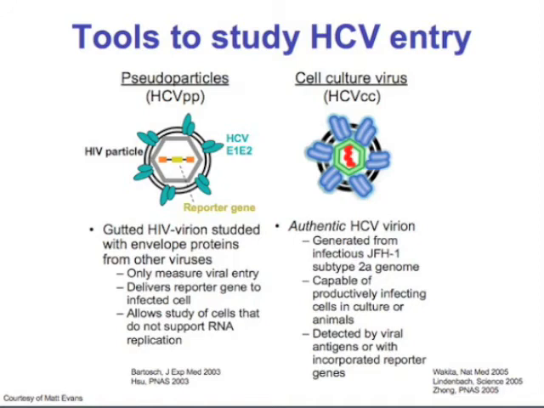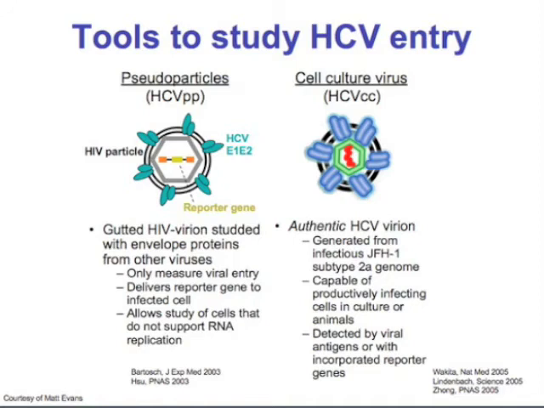And they only measure virus entry, and they actually contain a reporter gene, a fluorescent gene in most cases, that delivers it to the infected cell. And because you don't require full replication, it allows you to study cells that do not support virus replication. And we'll talk about some data using pseudoparticles in a minute.